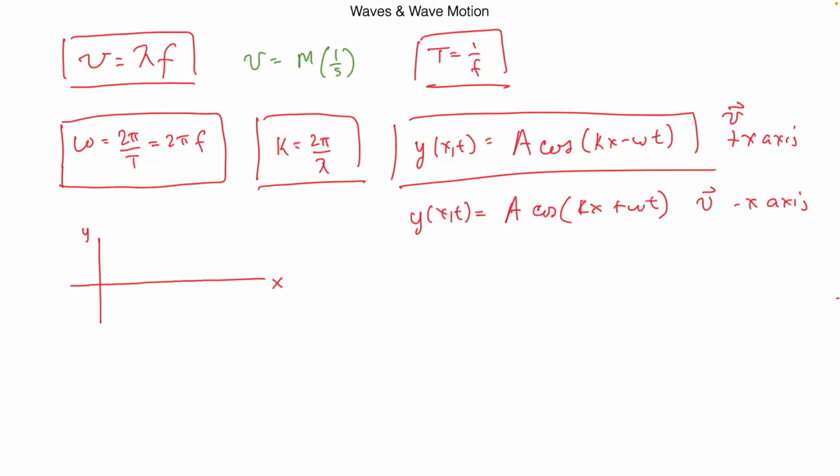But in order for the mathematical function in time to propagate from the left to the right, or along the positive x-axis, the function must be a difference. You can go to Wolfram Alpha, plug these in and say simulate this for me and you'll see. If you got a minus sign, a difference between those two terms, your wave will go along the positive x-axis. If you put a plus sign in, it will go along the negative x-axis.